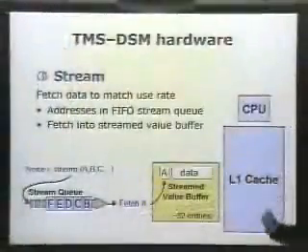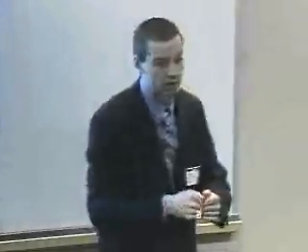We want to be 8 blocks ahead, for example, in the sequence. Every time the processor accesses a block, we'll get the next block off the FIFO and issue the prefetch. So there's this natural rate matching between the rate at which the processor consumes things and the rate at which they get replaced into this streamed value buffer.